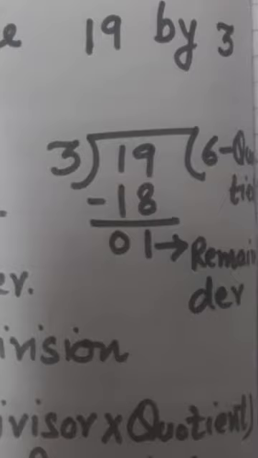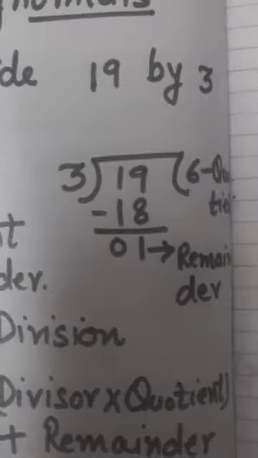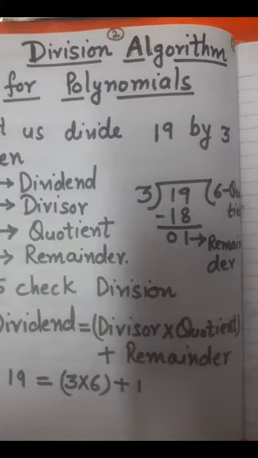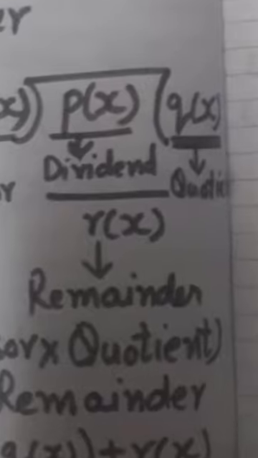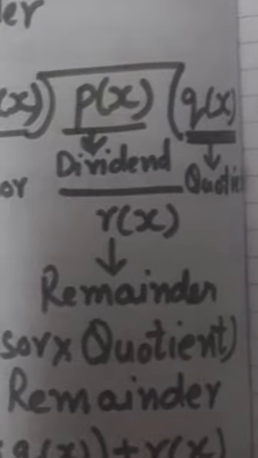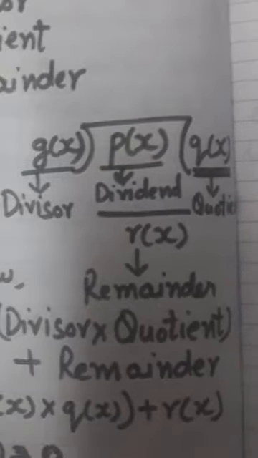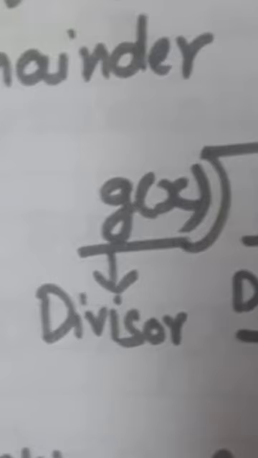It can be 0, 1, or 2, but it will never be equal to 3 or more than 3. The same is the case in the division of polynomials. The remainder can be 0 or its degree will always be less than the degree of the divisor. It can never be equal to or greater than the degree of the divisor.